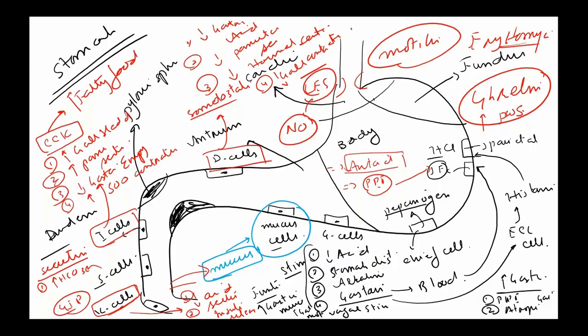So let's say if there's an ulcer in the stomach, you can use sucralfate, which will bind to the ulcer base and decrease acid irritation to the ulcer. It's another drug. So if you know the physiology and anatomy, you can easily do pharmacology at the same time.